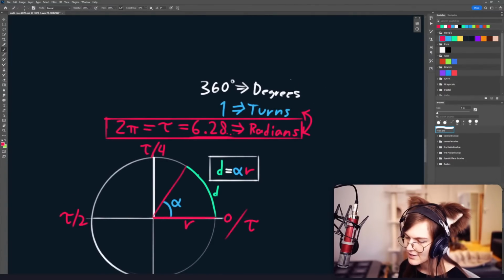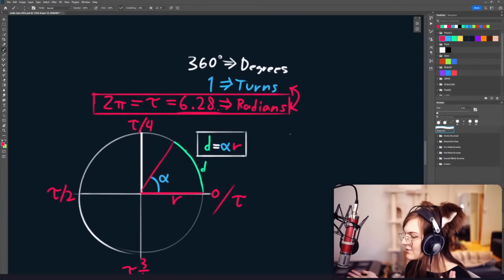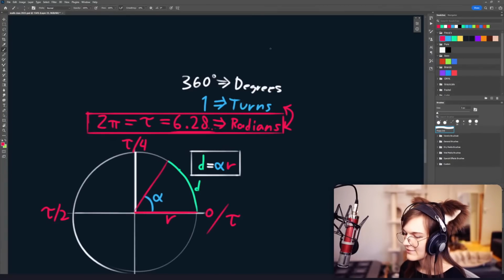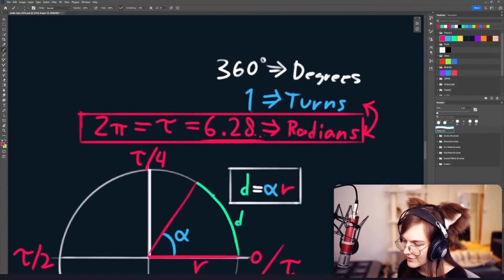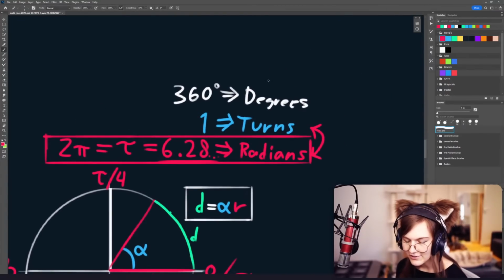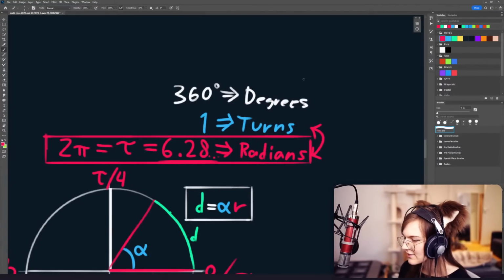Like if you're inputting a rotation for an object in Unity, you're going to type degrees into it, right? Because it is a little bit more intuitive. It's kind of hard to remember exact values when it's in radians. So for user input, you generally have degrees, or sometimes turns as well, but usually it's degrees.